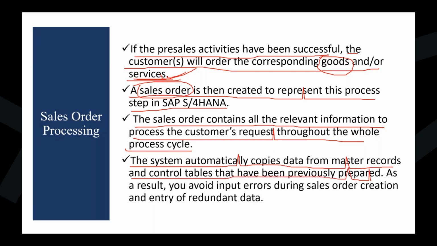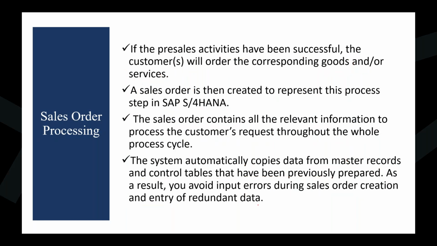Of course, you should have all the master data like customer code, material code, price information, everything in the system. We will understand in a subsequent session how this data is created. As a result, you avoid input errors during sales order creation and entry of redundant data. Instead of entering data again and again, you create master data as a prerequisite step that we will cover in the master data sessions.